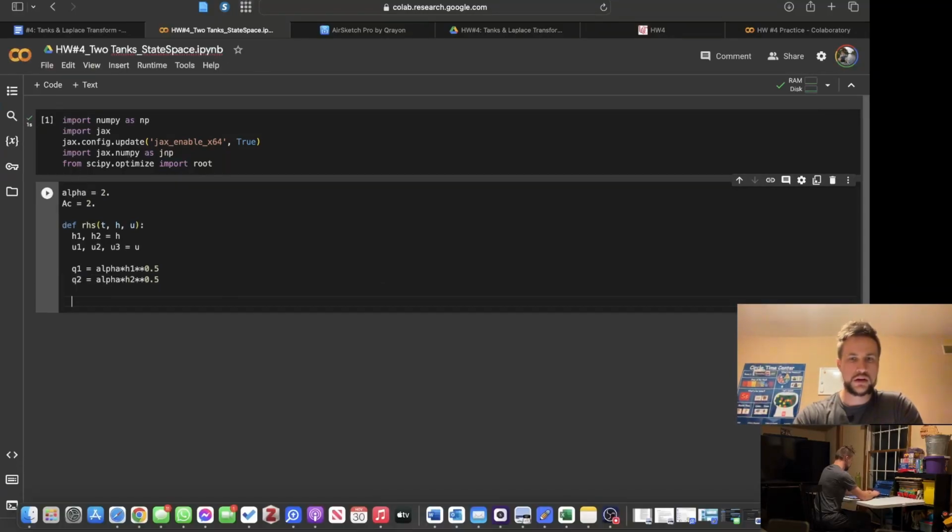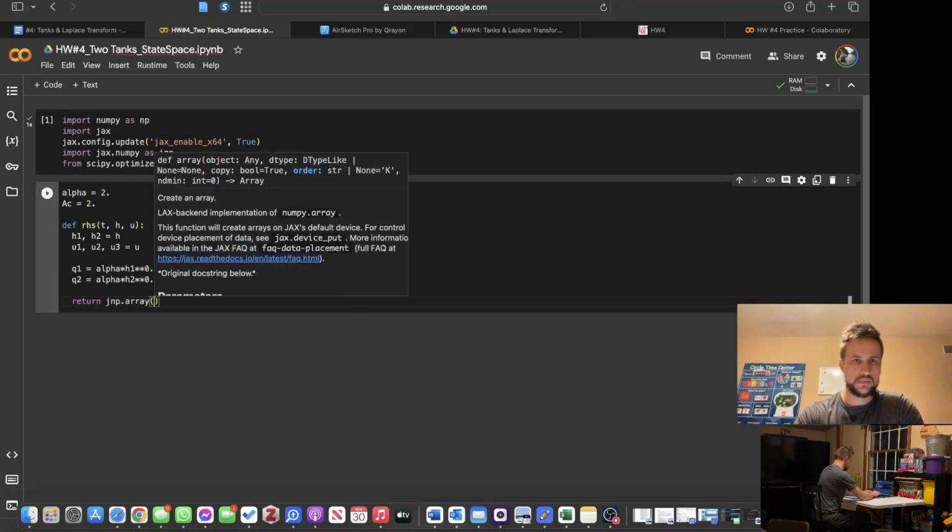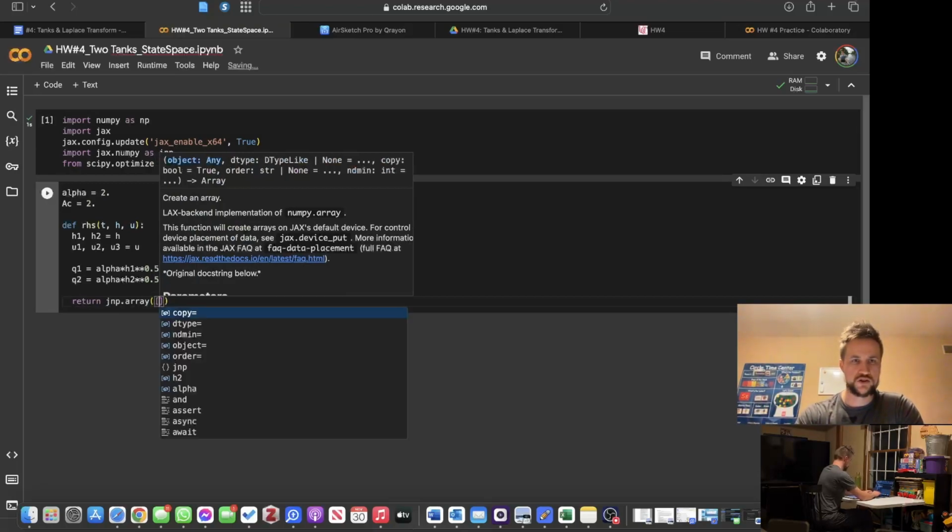All right, now we're going to return, and we're doing it as a Jacobian array. And what do we have? Well, we have our two functions. And the two functions that we're evaluating are the fluid levels in both tanks, tank 1, tank 2, at the steady state conditions. And what did we say?